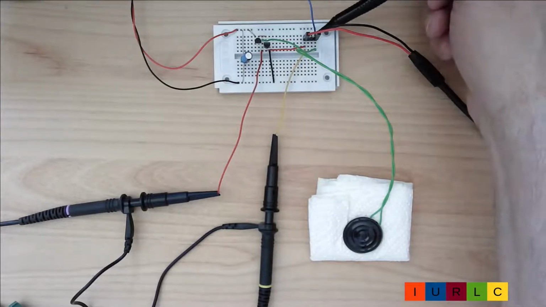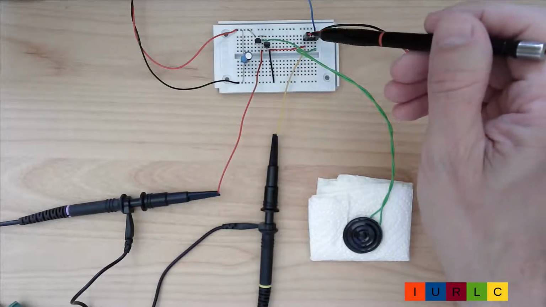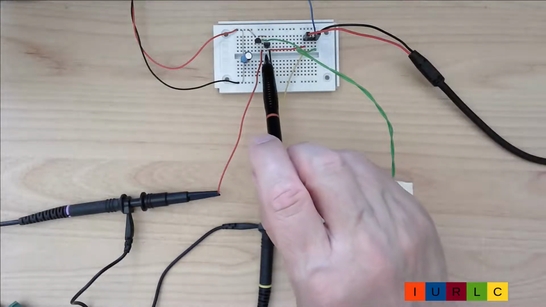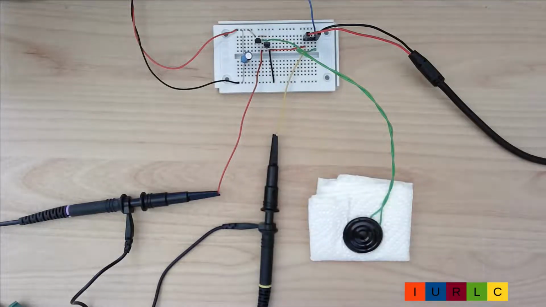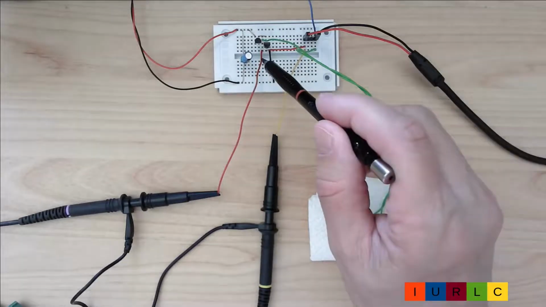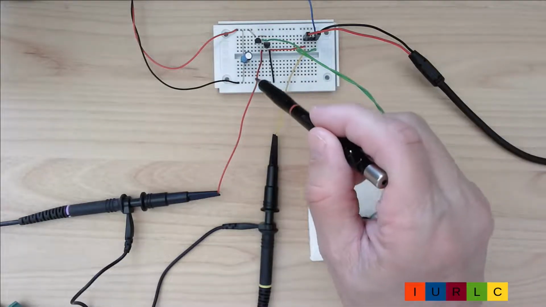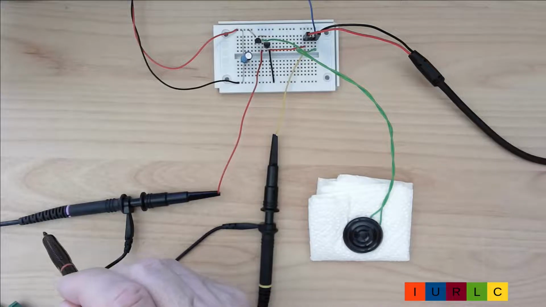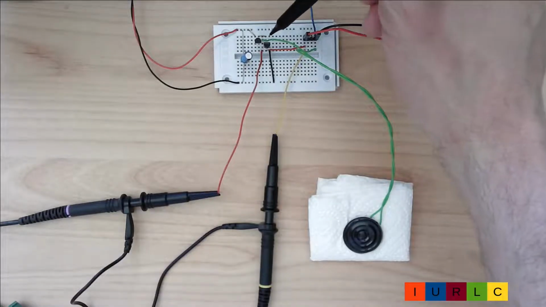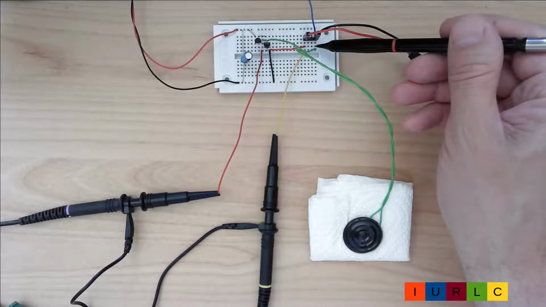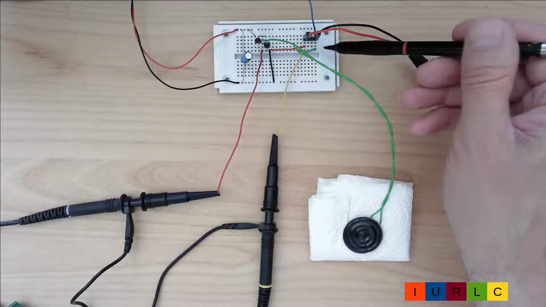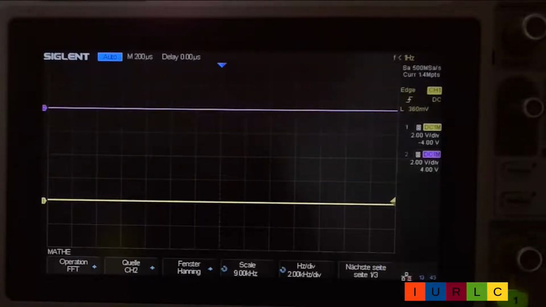The black line goes to 0 volts, the red line with the signal goes here to the base of the two transistors, and here to the yellow probe from the oscilloscope. And the output goes here to the purple probe of the oscilloscope, and here with the green line to the loudspeaker and back to 0 volt of the supply voltage. And here we have the signals.